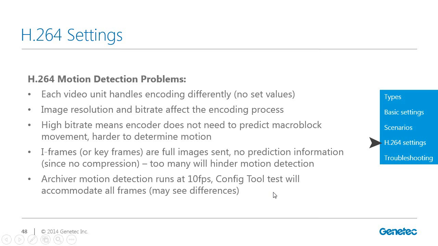Now, when the archiver is actually handling the motion detection, this would really take up too many resources, so it's only running at about 10 frames per second. So when we are testing with the H.264 streams, we can set it with the config tool, but also check your results with the actual recording and events that are coming in, so you know if there are any small changes that need to be made.